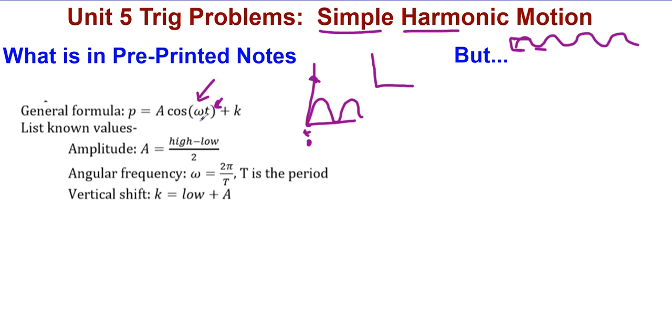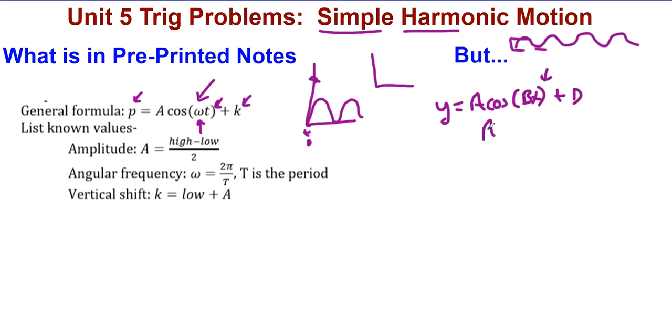We also don't have to use the physics way of doing it, like omega and time. Now this represents a formula where position is a function of time, where you have the angular frequency times time plus your vertical shift using the letter K. But I have no problem using something more basic that we've used in other things and just call this Bx plus C. I mean D, because C is missing.